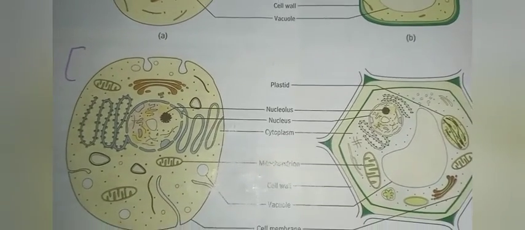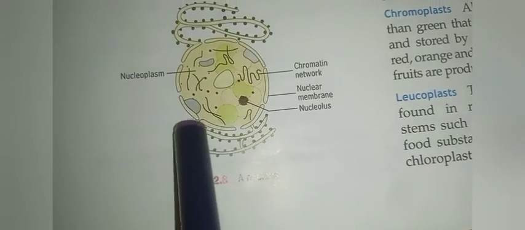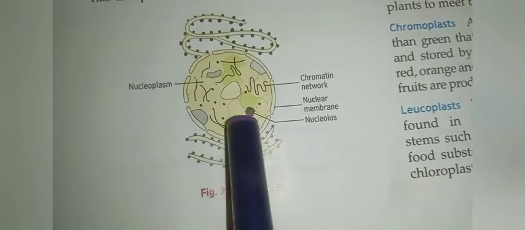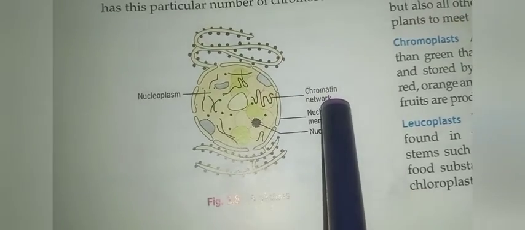Okay, the nucleus contains fine thread-like structures. See, look here, the fine thread-like structure present inside the nucleus is called the chromatin network. So these thread-like structures are called the chromatin network.